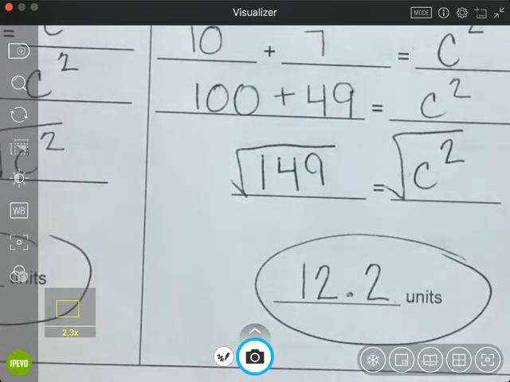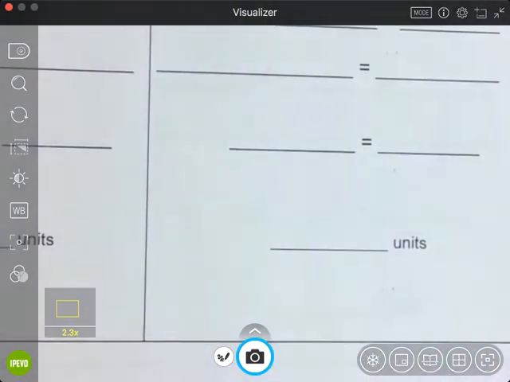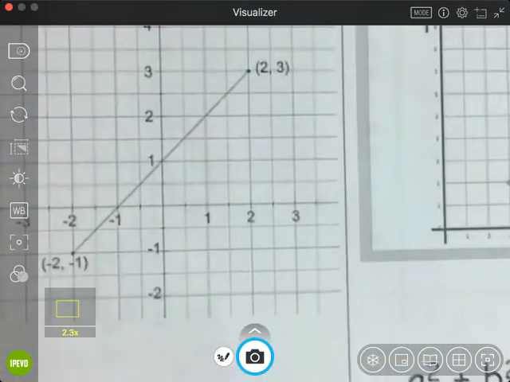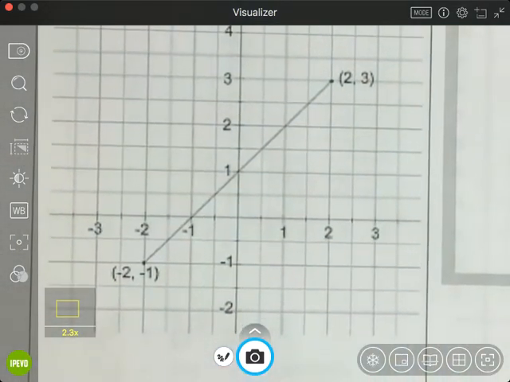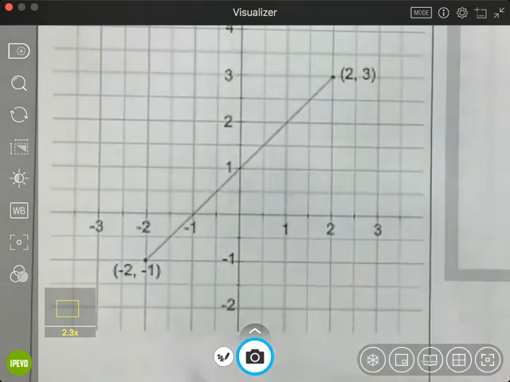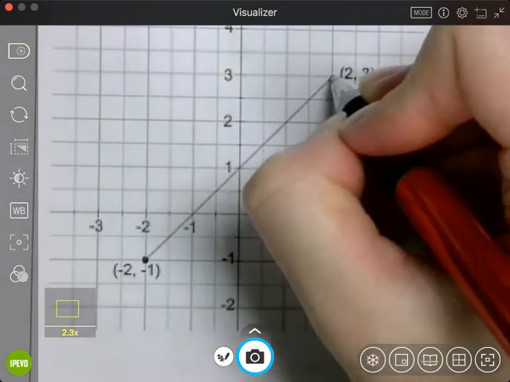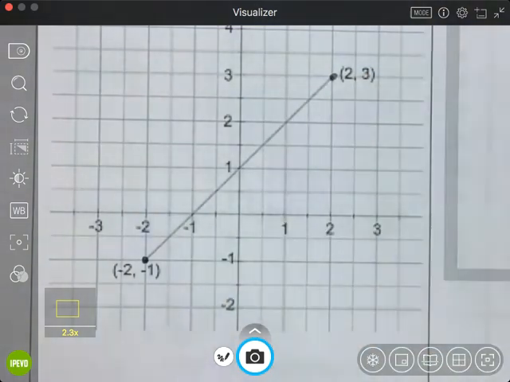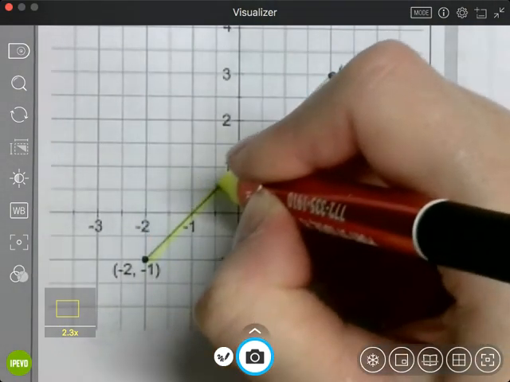Okay? So now what we are going to do is look at some where that triangle is not there for us and we have to make it. So we are finding the different distance between this point and this point along this line.